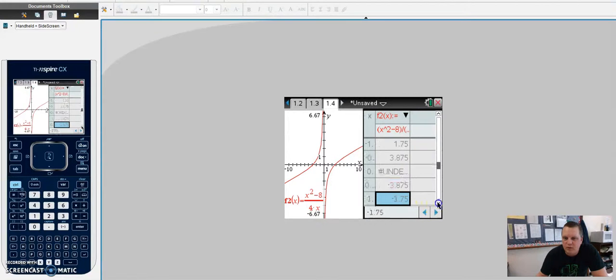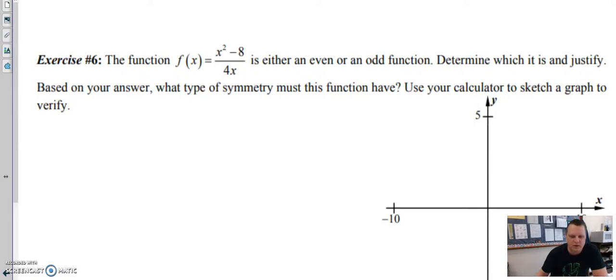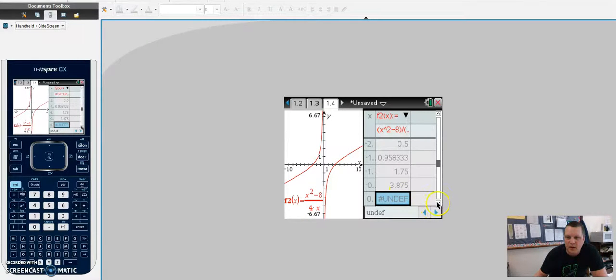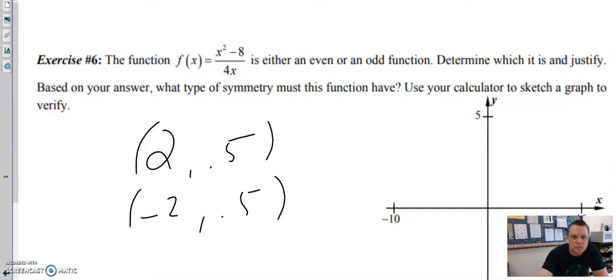So we had 2 equals your -0.5, and then -2 was a 0.5. And I think, let me double check that. I think one of those is supposed to be negative. So at 2 we had the -0.5, and at -2 we had the 0.5.